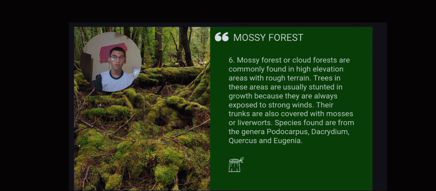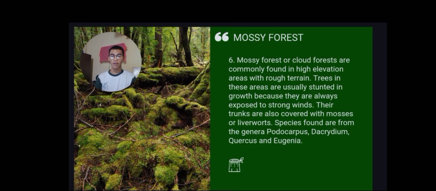These forests are commonly found in mountains that are foggy, which causes the moss. The species found there are Podocarpus, Cridium, Quercus, and Eugenia.